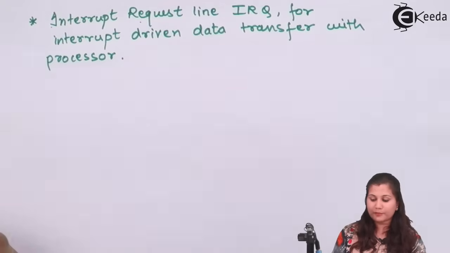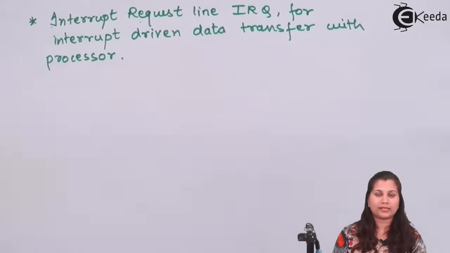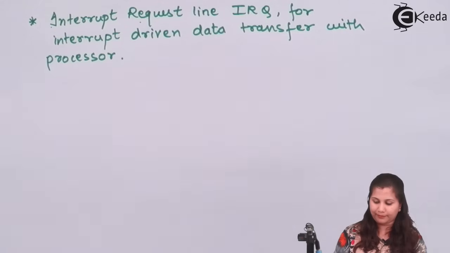This signal generated by the 8279 will interrupt the processor, and then the processor is going to read the status or the key codes or status of the switches from the FIFO sensor RAM.